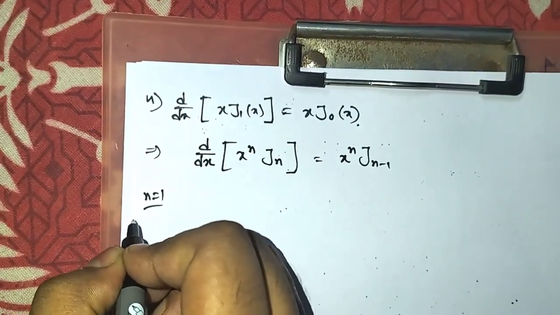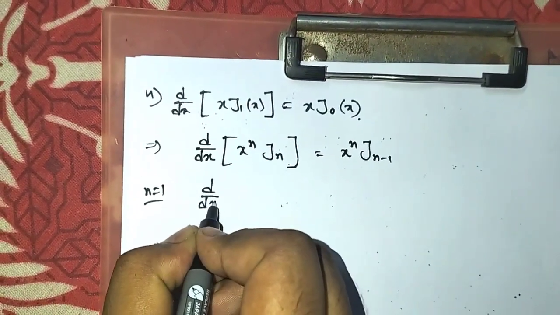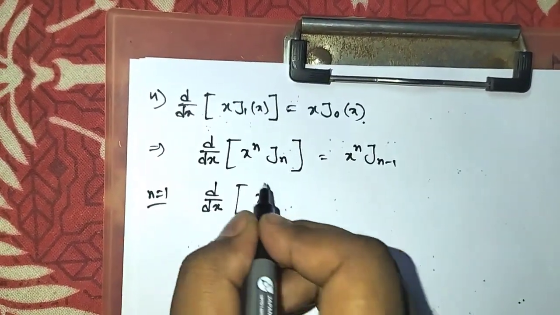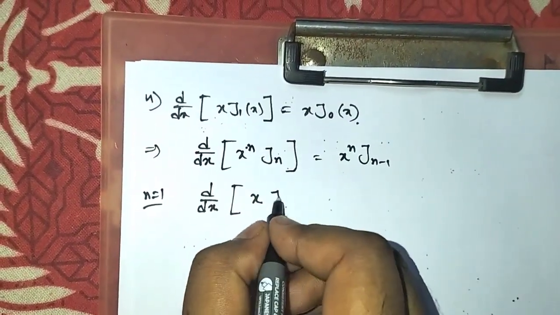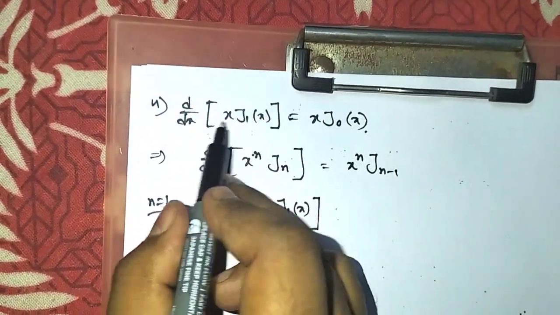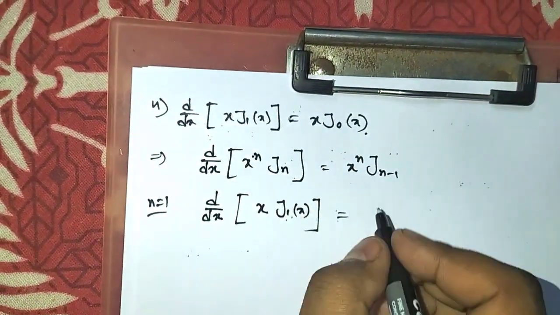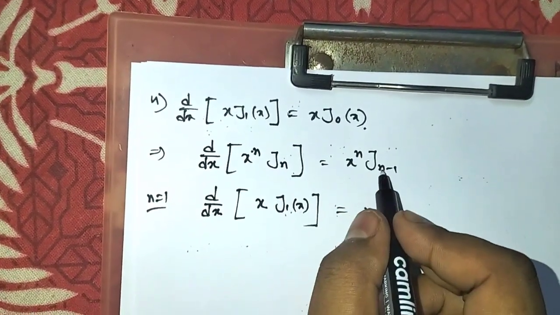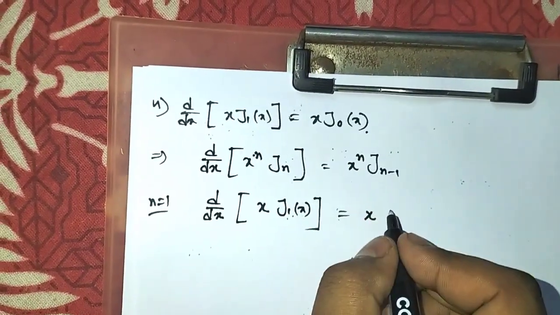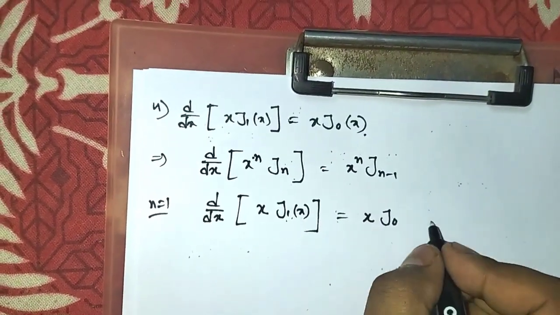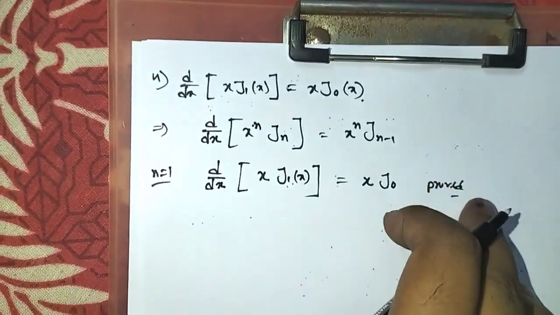If you substitute n equal to 1, then d/dx of x^1 J1(x), so LHS, equals x to the power 1 minus 1, x J0. So proved. Very easy.